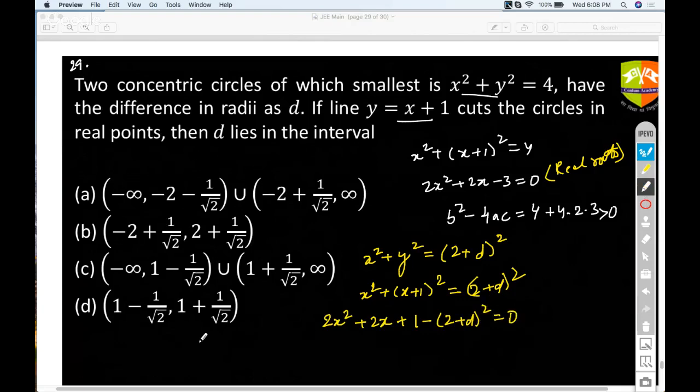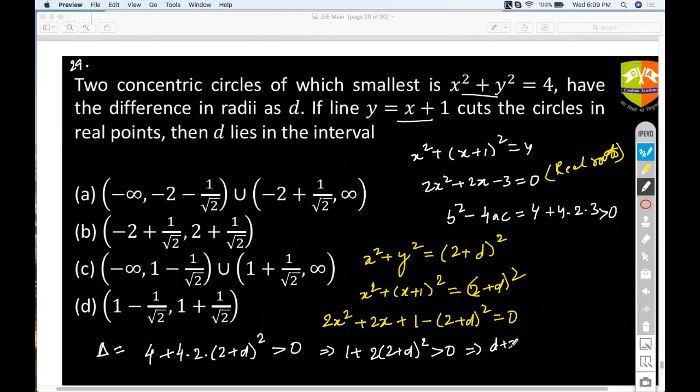Now the discriminant of this will be b square minus 4ac. This should be greater than 0. That means 1 plus twice of (2 plus d) square should be greater than 0. Yeah. So I can write this as (d plus 2) the whole square.